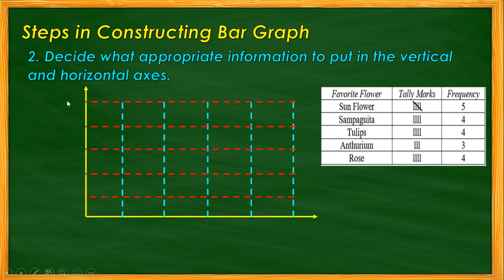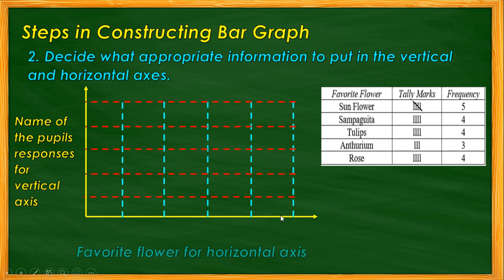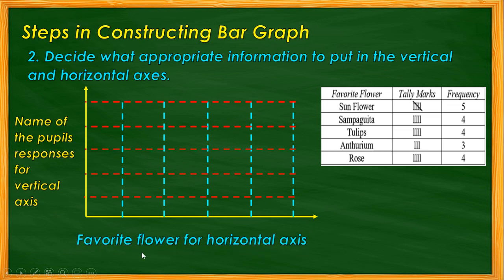In the vertical axis, you put the name of the response, and the horizontal axis is the favorite flower.